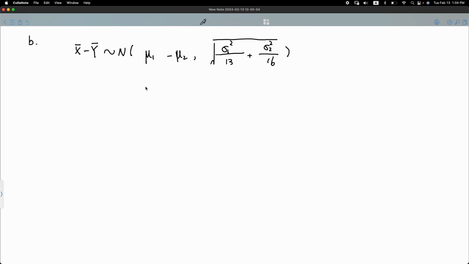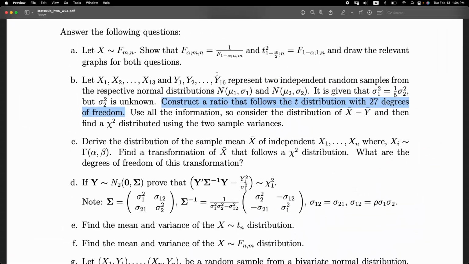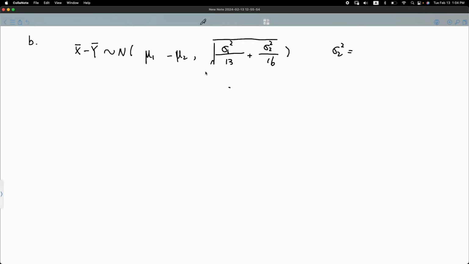Maybe we can also plug in some other information to further elaborate, which is that sigma 1 squared is equal to 1/5 of sigma 2 squared.